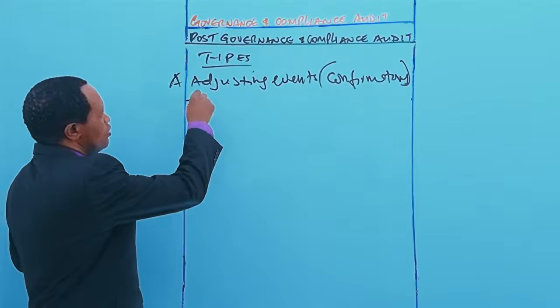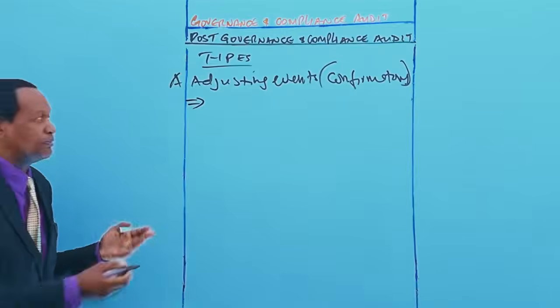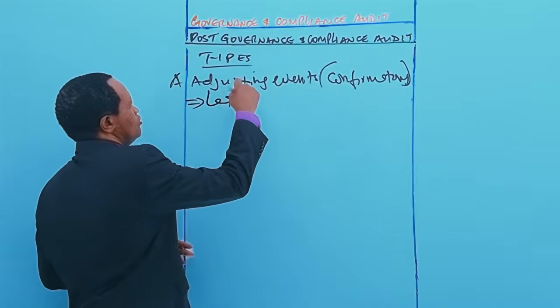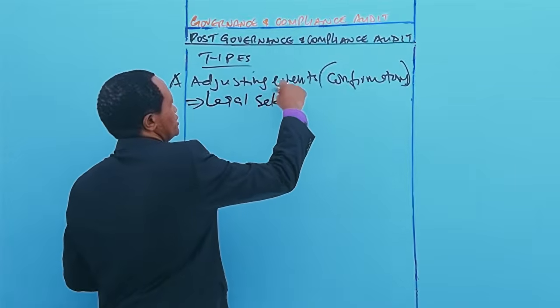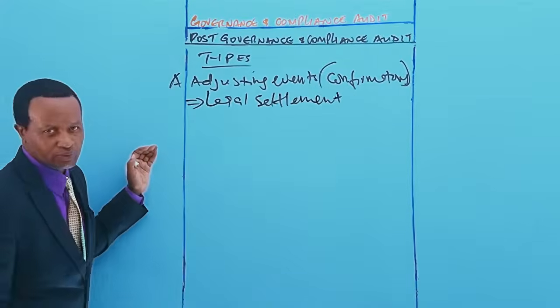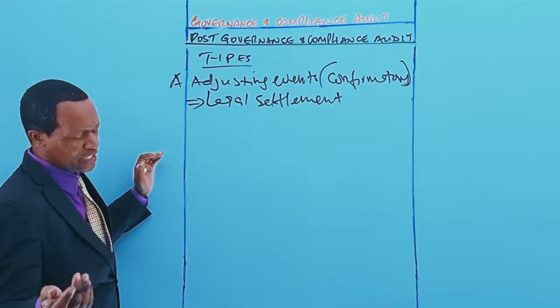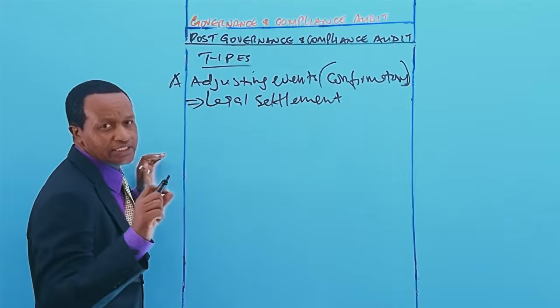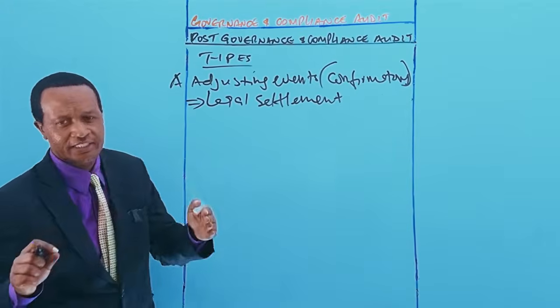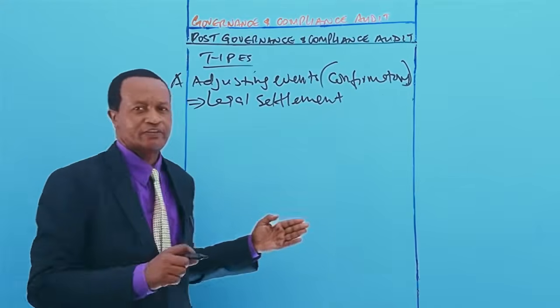Examples of adjusting events could be a legal settlement. It could be a court ruling, say in March 2026, for a case that was active throughout the year 2025.